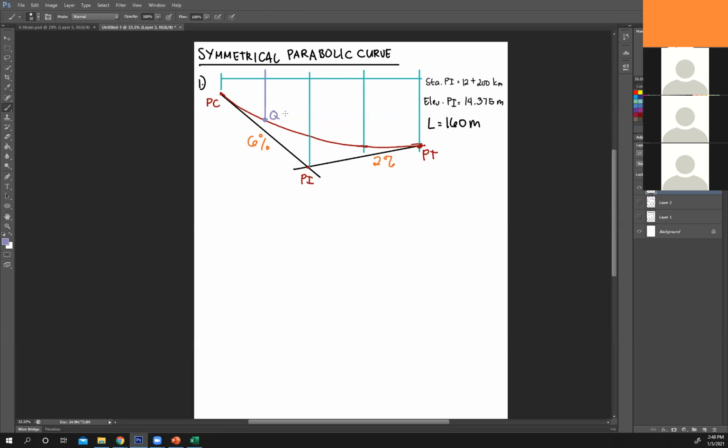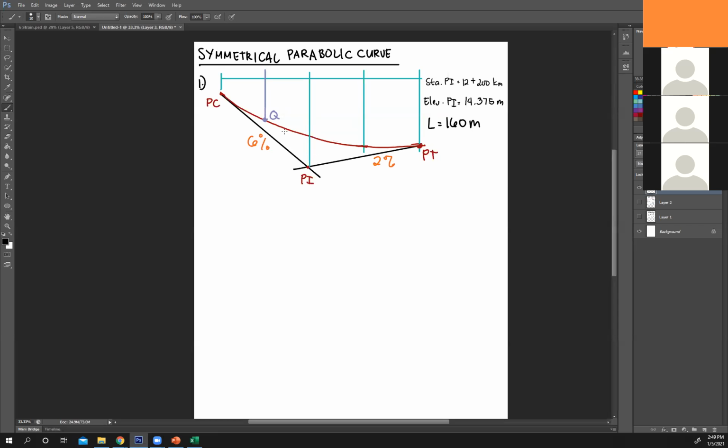Okay. So to get the elevation of a point on the curve, figure out first what's given. I'm given elevation of PI, so all of my distances will be based on that. So here I know this elevation. So one way to solve for elevation of Q is to get this. Okay.